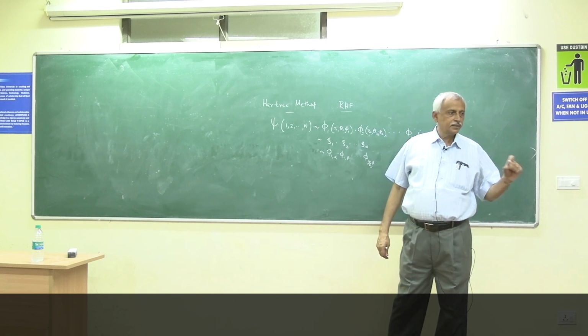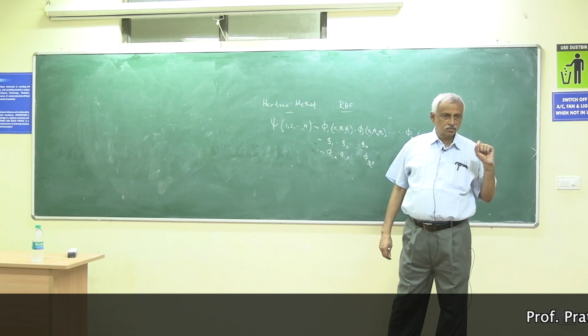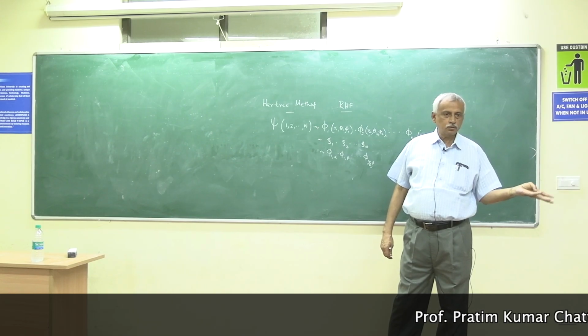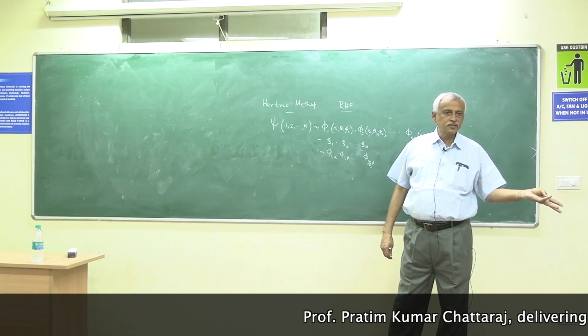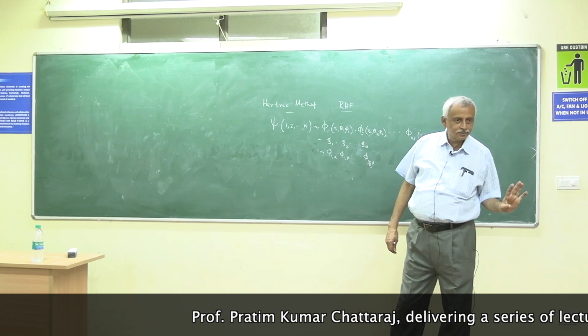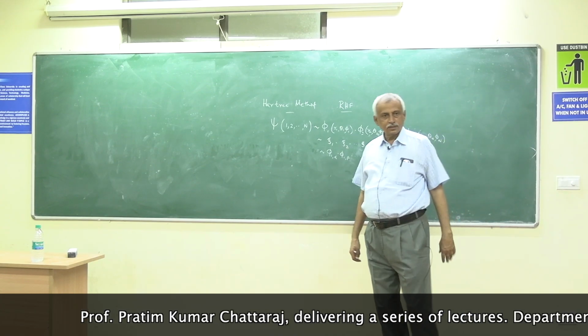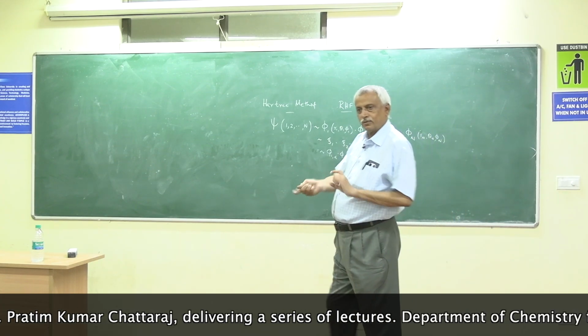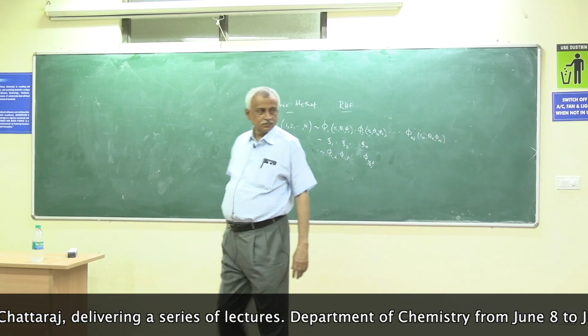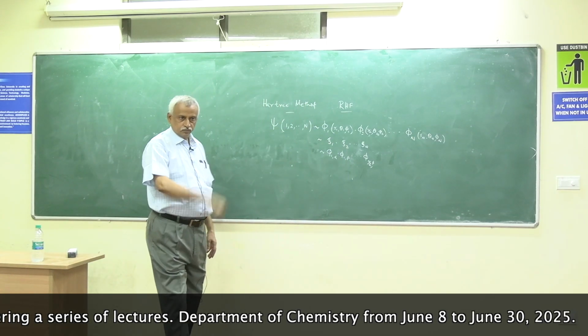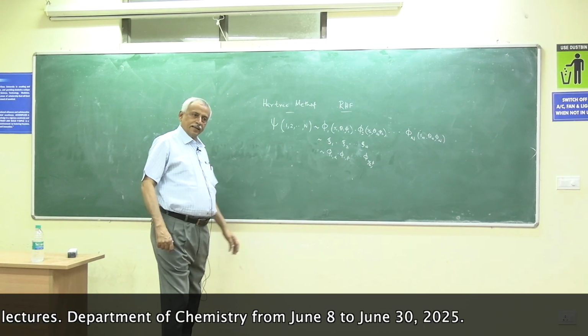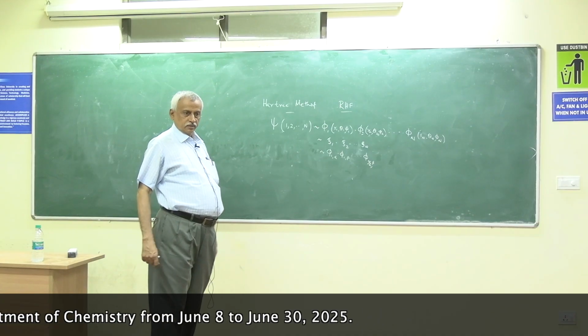When I write the neon atom, there are 10 electrons: 1s, 1 orbital, 2s, 1 orbital, 2p, 3 orbitals. Total 5 orbitals only, isn't it? Each one has 1 alpha spin, 1 beta spin. So the number of orbitals would be n by 2.